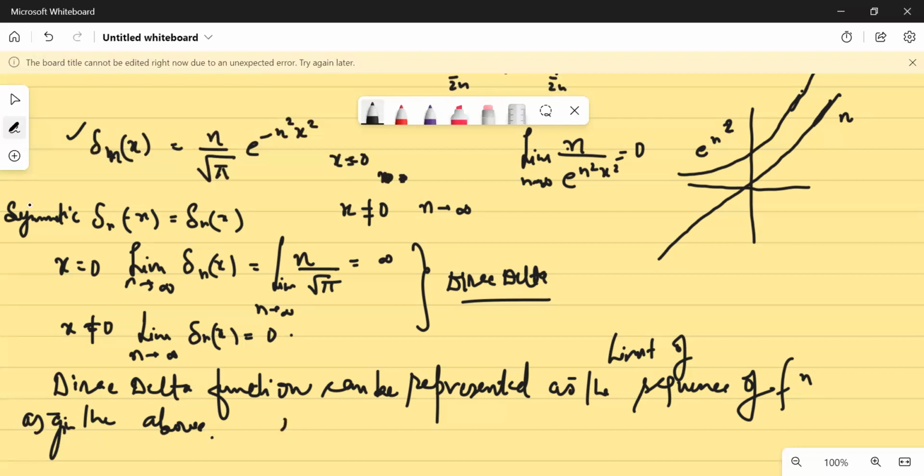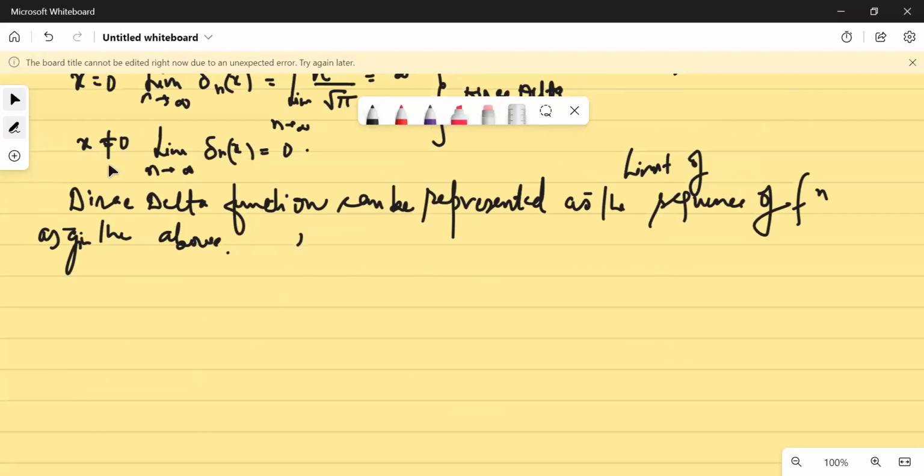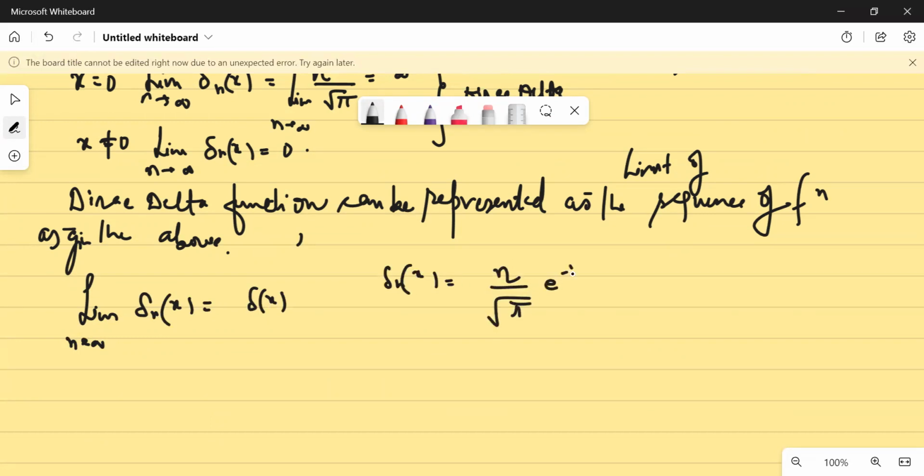For example, the limit as n tends to infinity of delta n x can be written as the Dirac delta of x, if delta n x is equal to n upon root pi e raised to power minus n square x square. Also, you can write delta n x as some rectangles that I told you in the very start of the lecture.